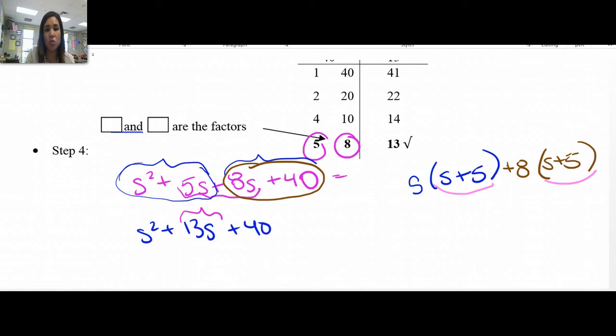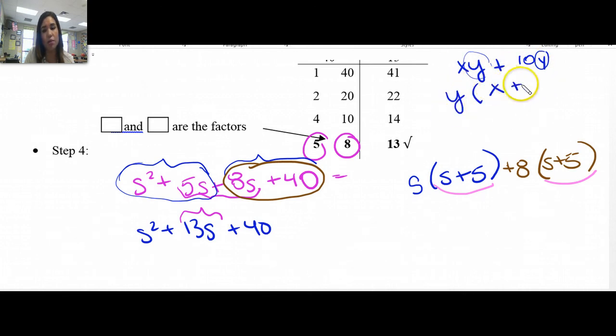So this is what I want you to think about. What you have now is pretend like this. If I have xy plus 10y, both of these have what in common? They have y. So if I was to factor something out from here, it'd be y parentheses x plus 10. That would be factoring.